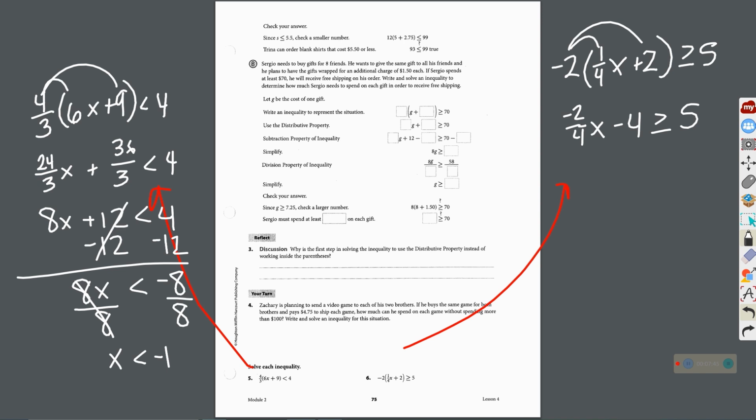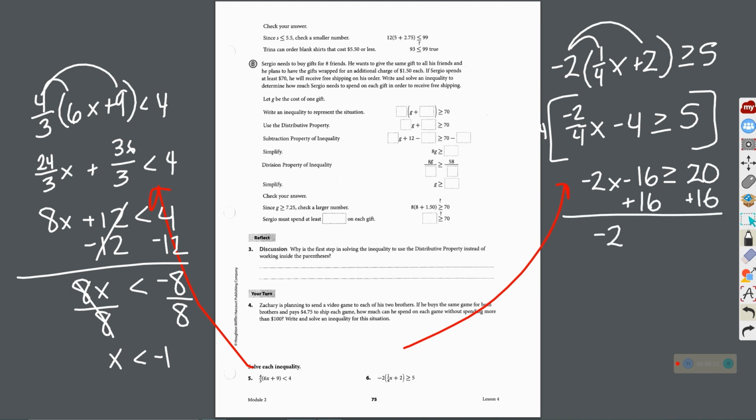Now at this point, I can multiply everything by 4 to get rid of the fraction. I could reduce it to 1/2. You decide. I'm going to show you what it looks like to fraction bust just so you have an example. I'll multiply by 4. That would leave me with negative 2x, negative 16, and then 20. Keeping the same symbol. Add the 16 to both sides.